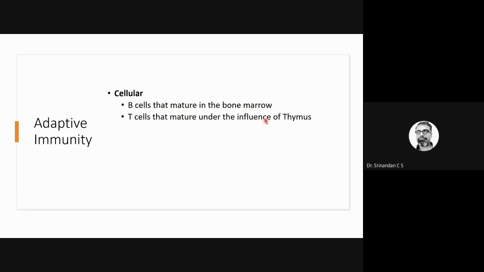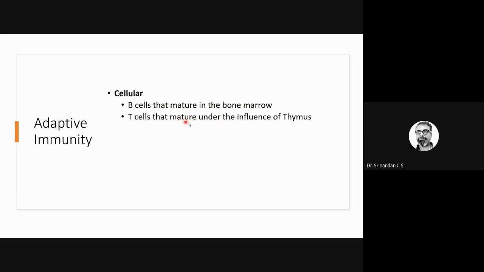the T cells will occur in tissue or the organ, immune organ, which is somewhere near the neck, below the, near the chest region. It is called thymus. We all have that. It just matures the T cells.